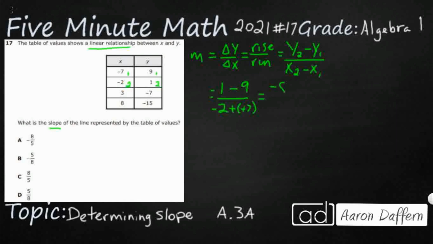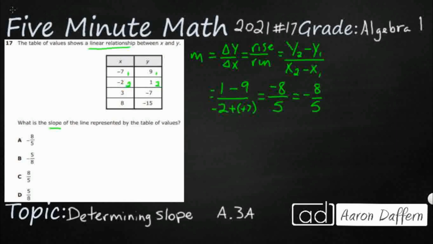Okay, so I'm going to get negative 8, and then negative 2 plus 7, because it's minus a negative, so that's like 7 minus 2, that's 5. All right, so I get negative 8 over 5, which we can just move to right there, negative 8/5. That's what it looks like.